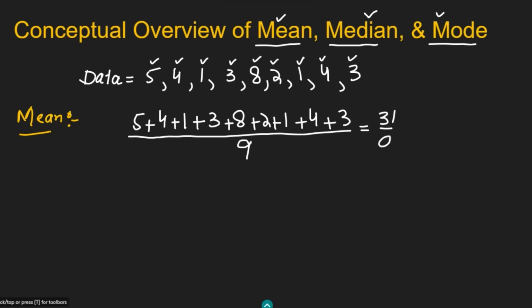So 31 divided by 9. 9 3s are 27, okay, 4 will be here, and here I will get 9 4s are 36, and again and again, so I will have here 3.444, okay, so I have 3.45.